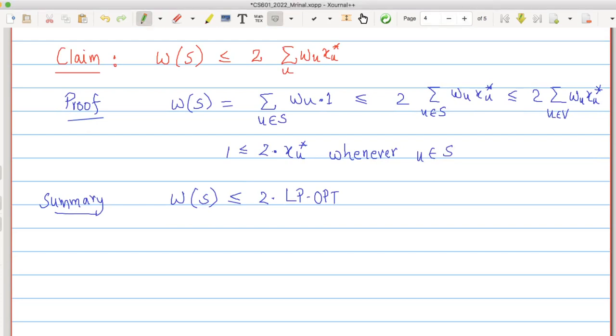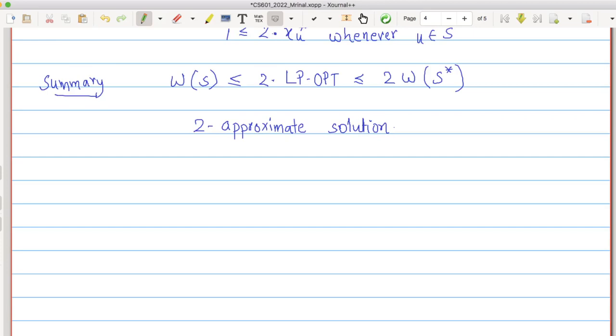So we can write 2 times w(S star). That proves that the vertex cover we got has weight at most twice the optimal weight vertex cover. So that gives us a 2-approximate solution, and we can say that this algorithm is a 2-approximation algorithm.